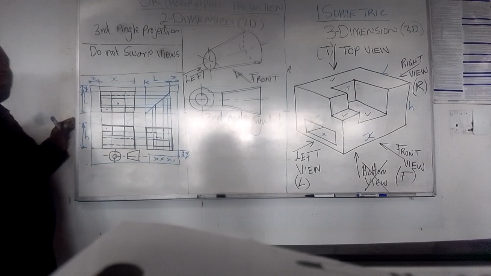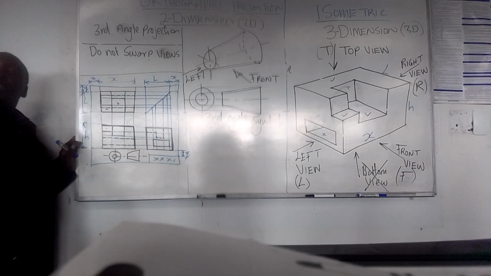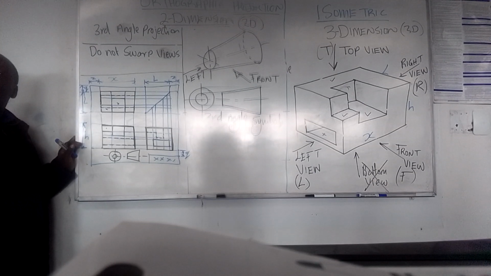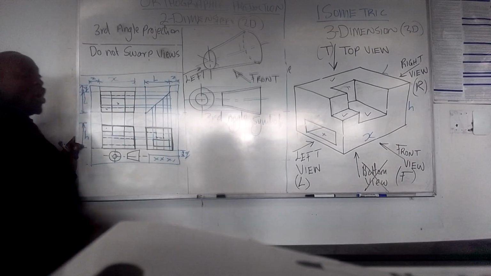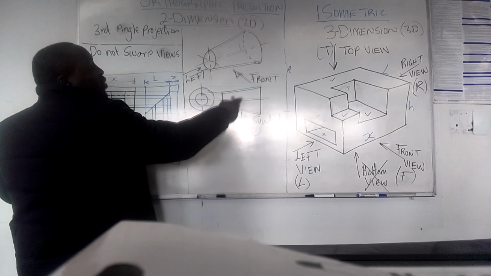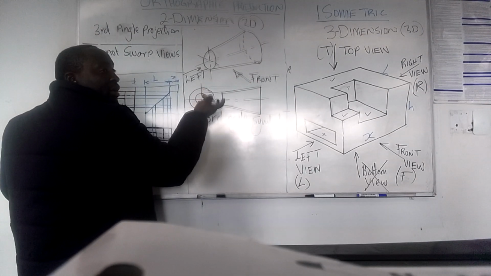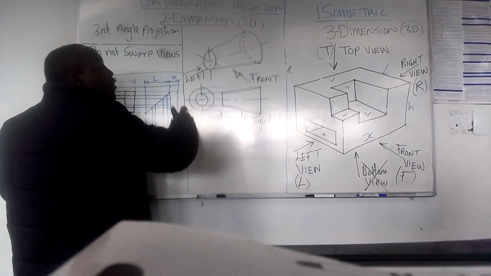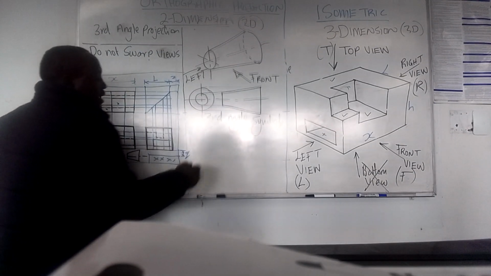How do you draw to make it first angle projection? What do you swap? Diagonal. All you do is take the circles to that side, done. Never turn the drawing, only move the views.